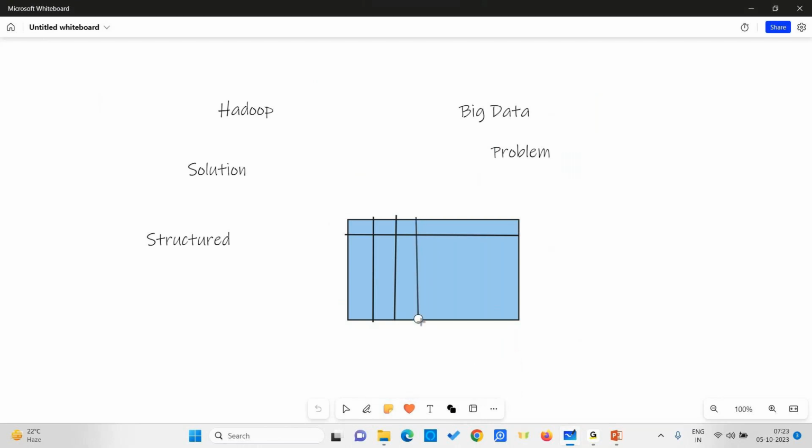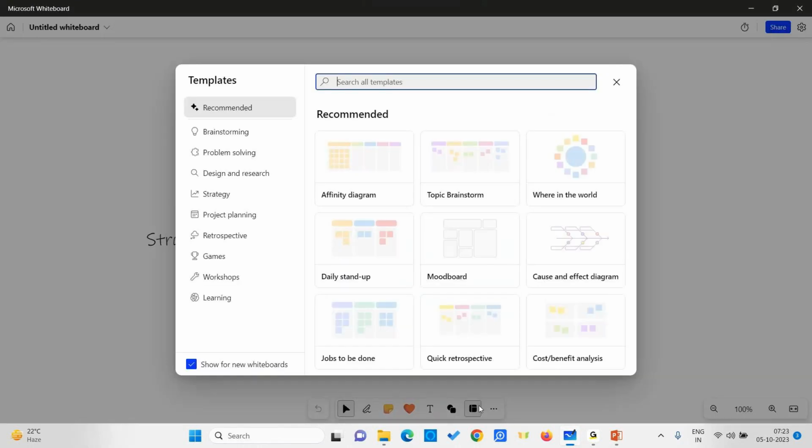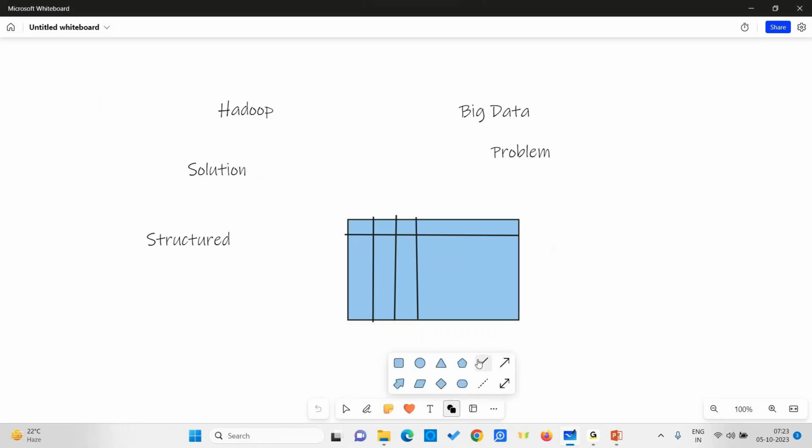As you know, that data is available in CSV file format or Excel file format, and then tables format in the form of a database. Like in a database, all this data is stored in the form of a table structure.